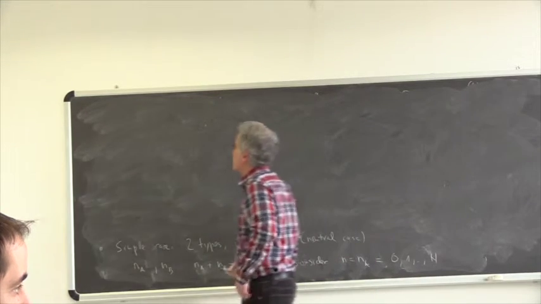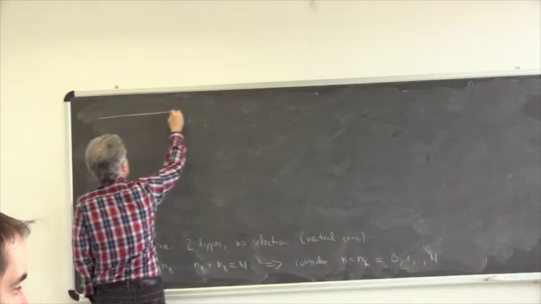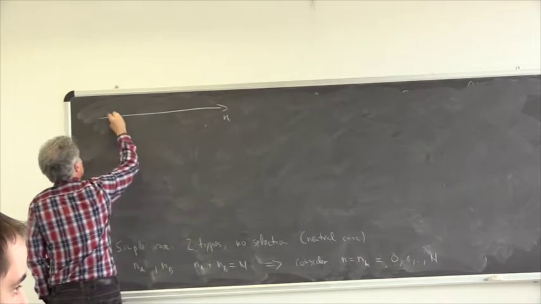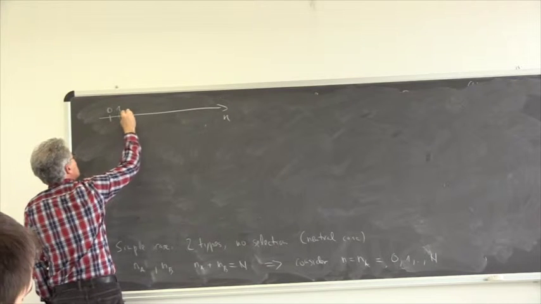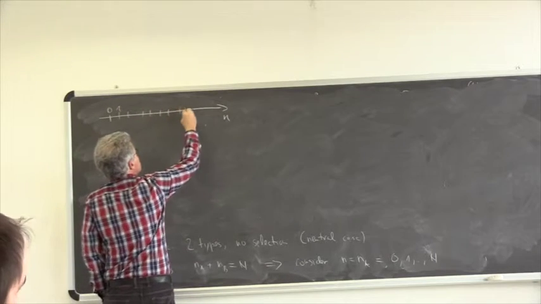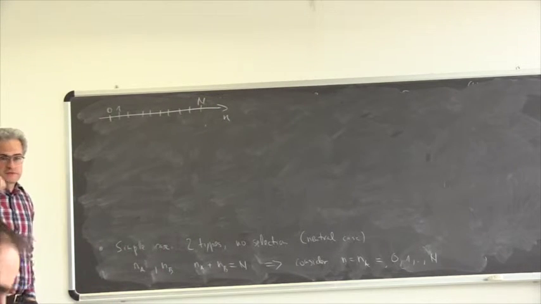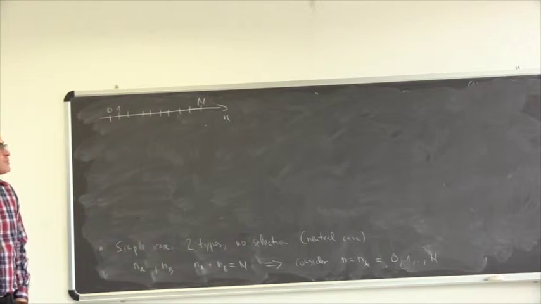So essentially we have a kind of Markov process on this state space, which are the integers from 0 up to N. And this Markov process is characterized by transition probability.